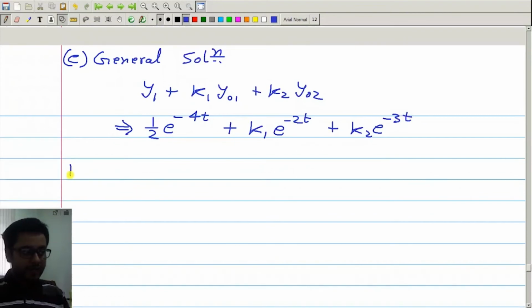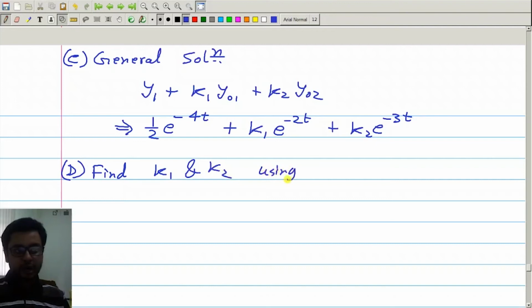Now finally we have to find the values of k1 and k2 using boundary conditions or initial conditions. So for that we have y equal to this.